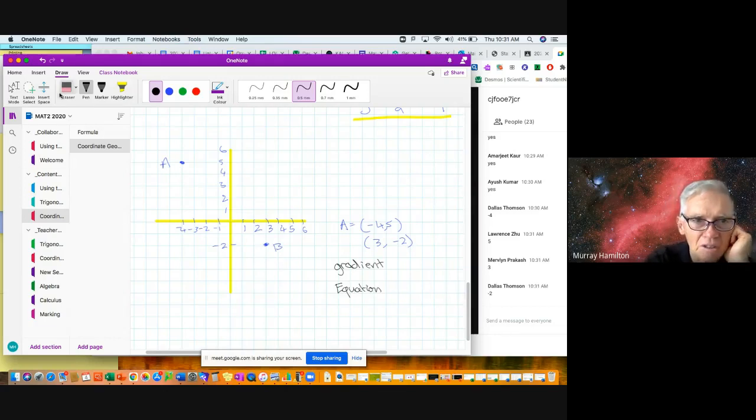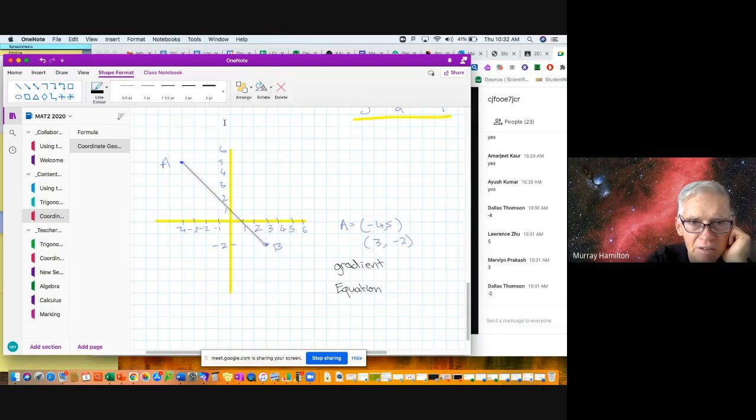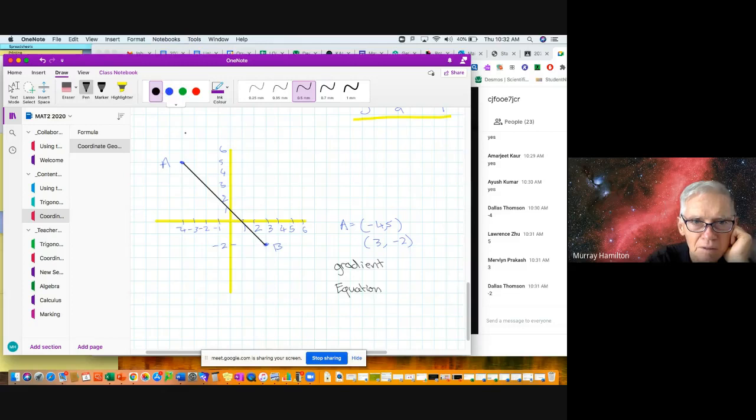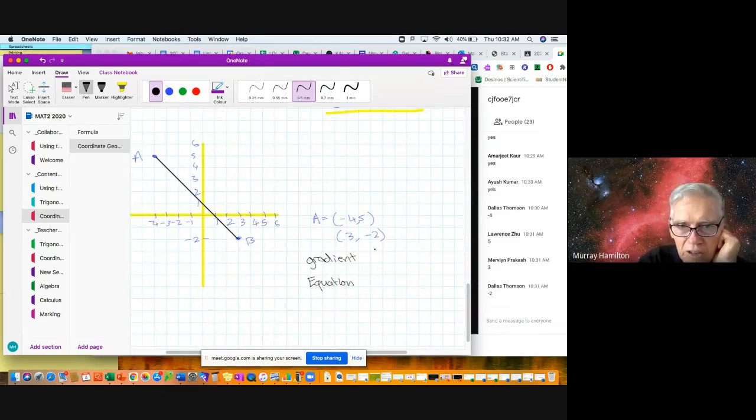So when you're thinking of how to do the gradient, I'm going to draw the line in. So here is our line here. That's our line. So now I'm going to use my formula, which is y2 minus y1 over x2 minus x1.